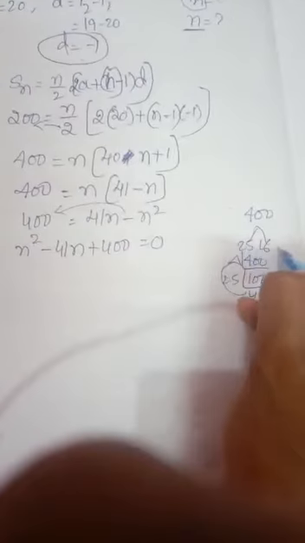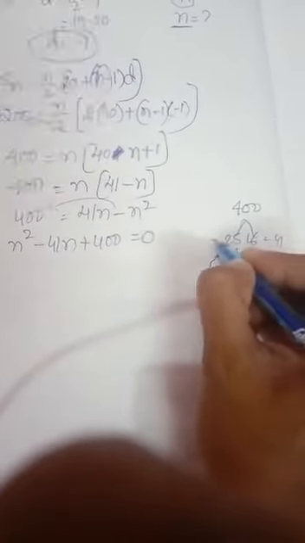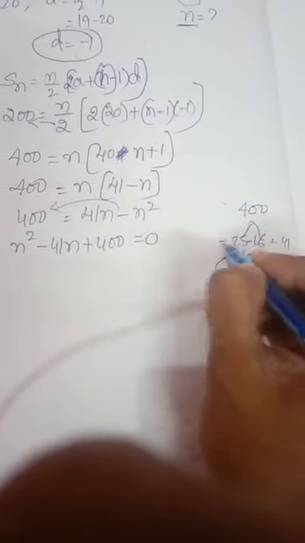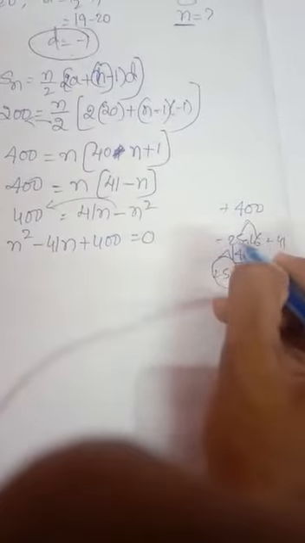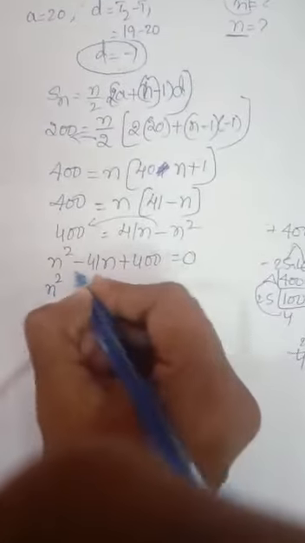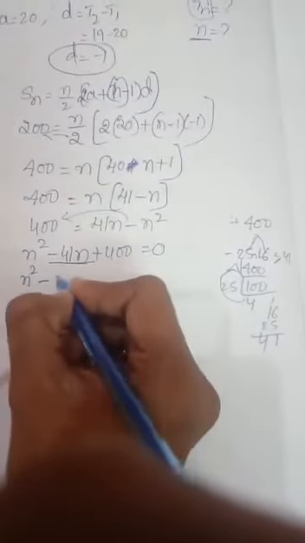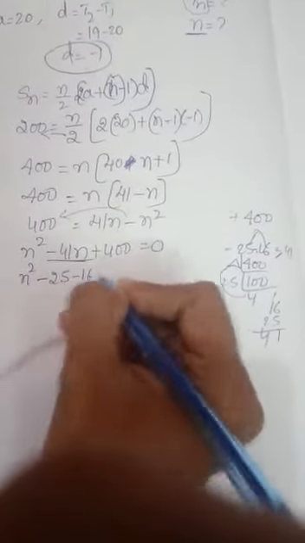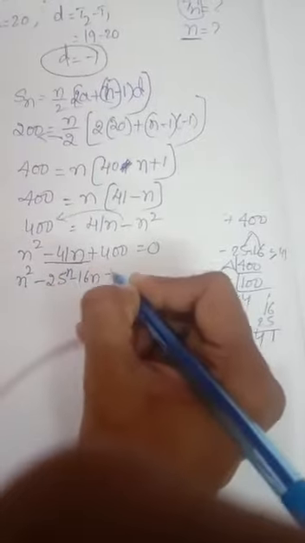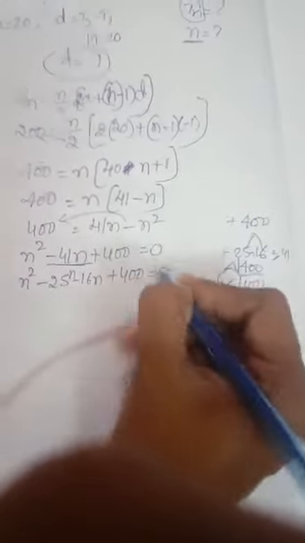When we add these two we get 41. We take both as negative: minus 25 minus 16 is minus 41. Therefore n square minus 41n can be written as n square minus 25n minus 16n plus 400.